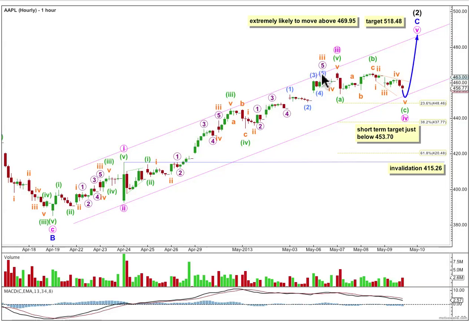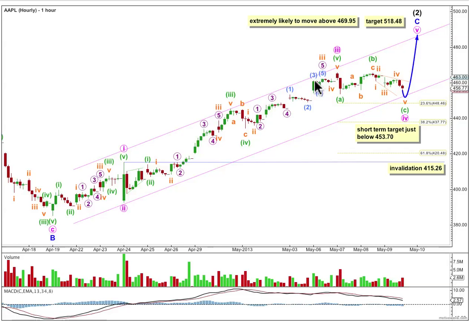Within subminuet wave 3, microwave 3 is just 0.13 longer than 1.618, the length of microwave 1, and microwave 5 is extended and at 0.51 longer than 1.618, the length of microwave 3.